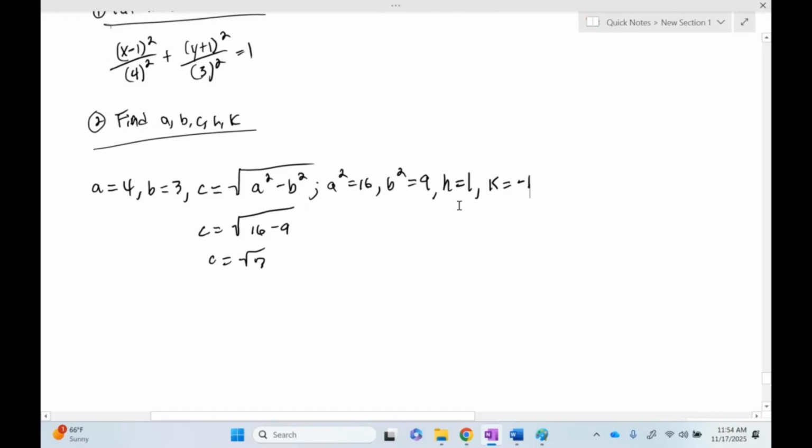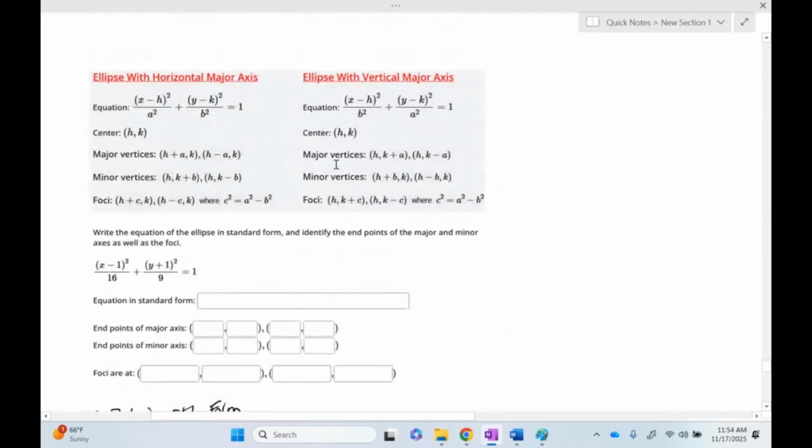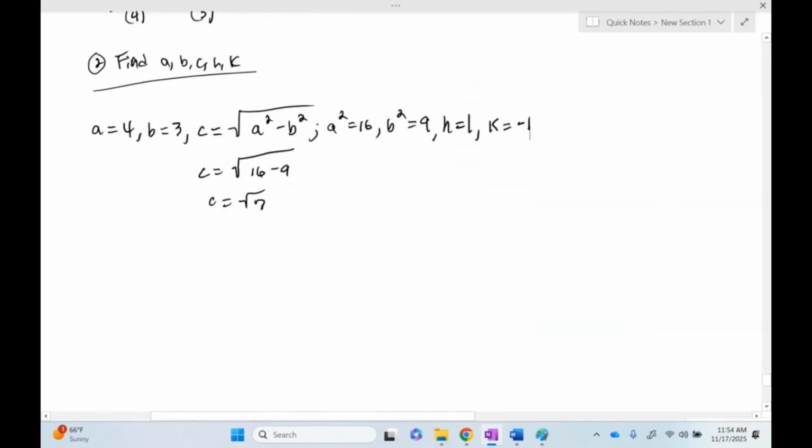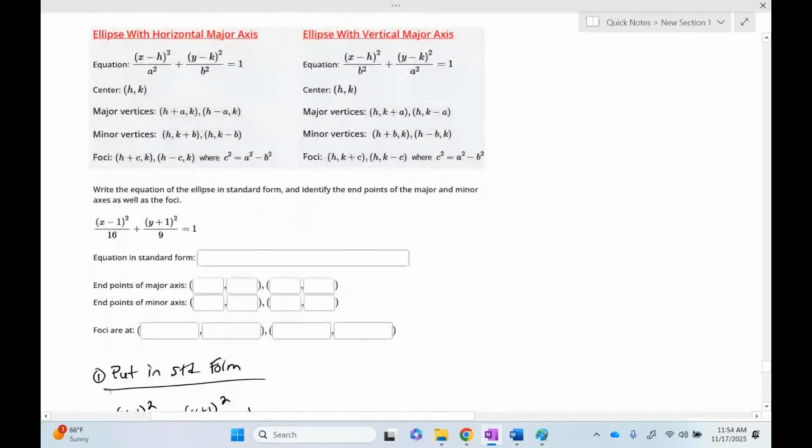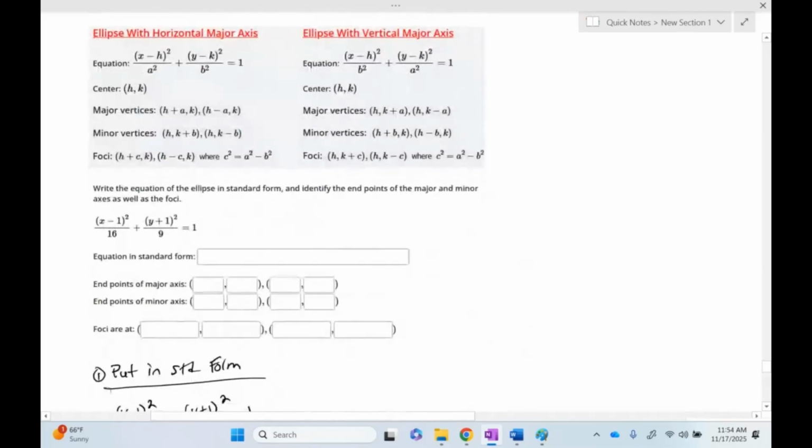Now we need to choose one of the model forms, and then we're going to substitute. So the third step is to choose a model form and substitute. What is a model form?